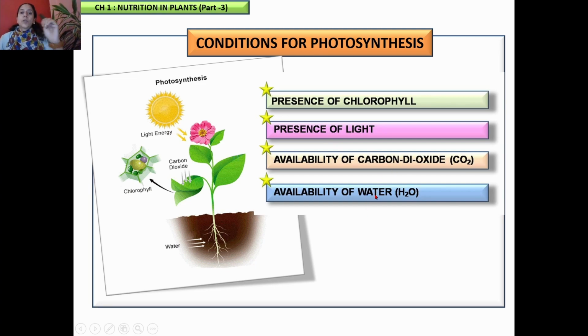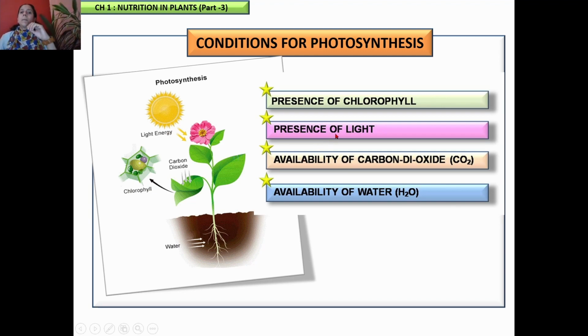For example, if we are not watering the plant, the plant will dry up and die. There will be no question of photosynthesis. If we are not providing carbon dioxide to the plant, and we keep it in such a manner that there is no carbon dioxide, the plant will not be able to do photosynthesis. It will not be able to make its food, that is glucose, and it will subsequently die.